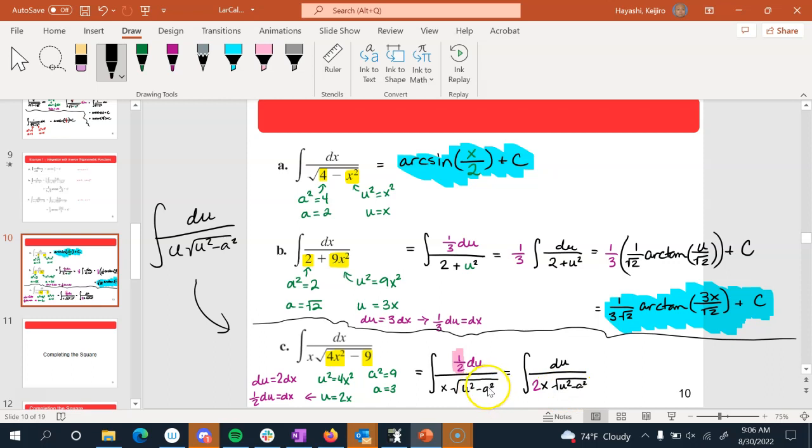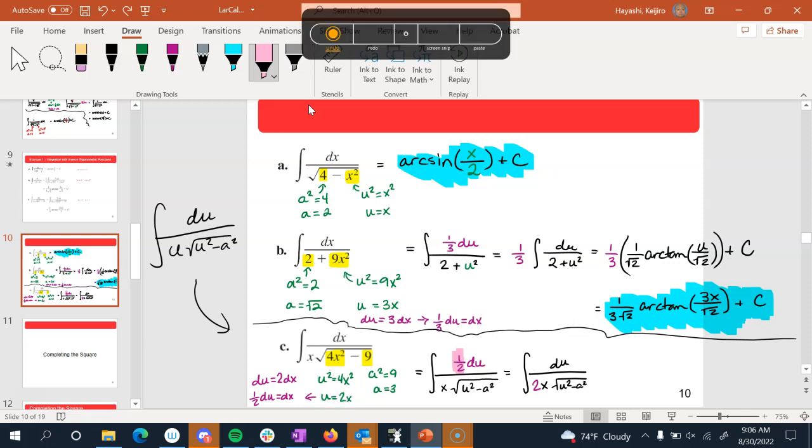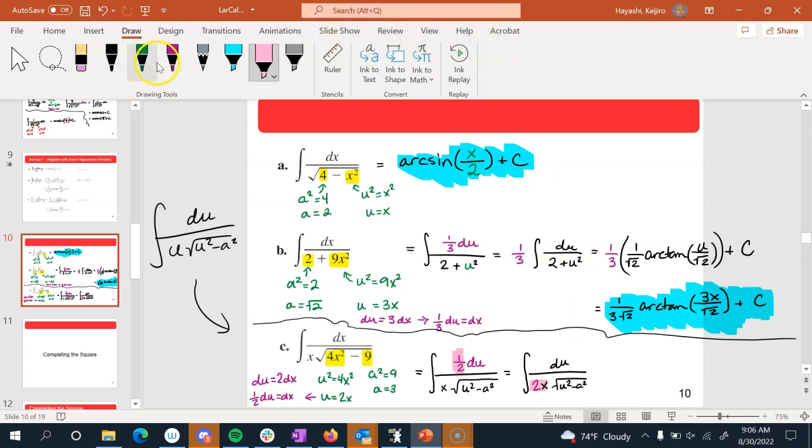Also, you don't have to write a squared. You can just write that it's 9. It doesn't make a difference either way. But now, what we got on the bottom is a 2x, which you might recognize as being what u is. So this is u.